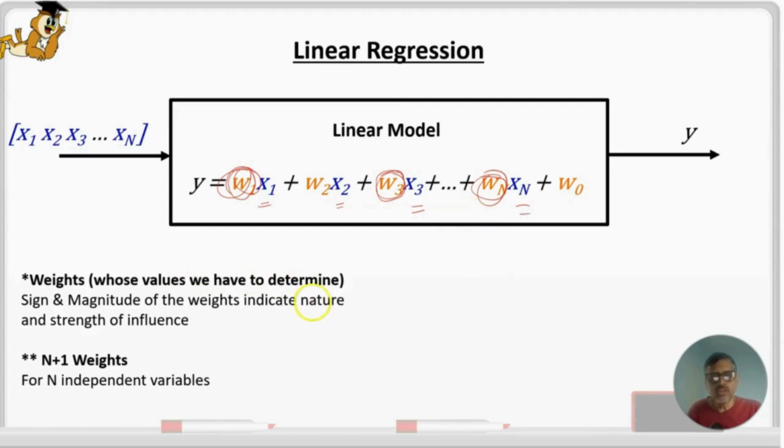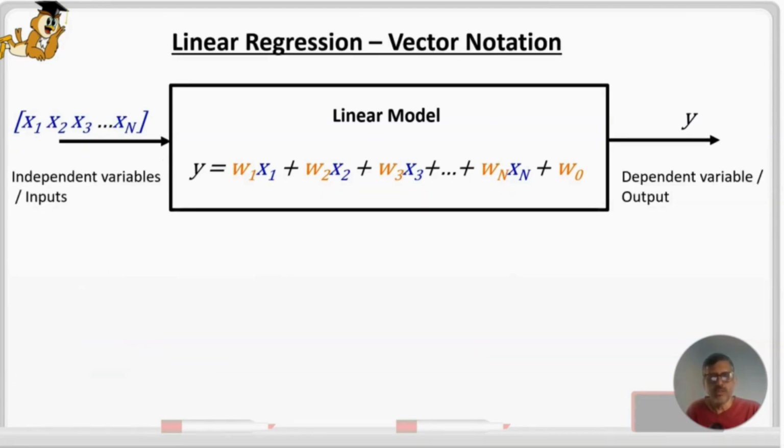So the sign and the magnitude of the weights indicate the nature and strength of the influence of each of these variables on the final answer. And like I said, if you had n independent variables, you would have n plus 1 weights. So, moving on.